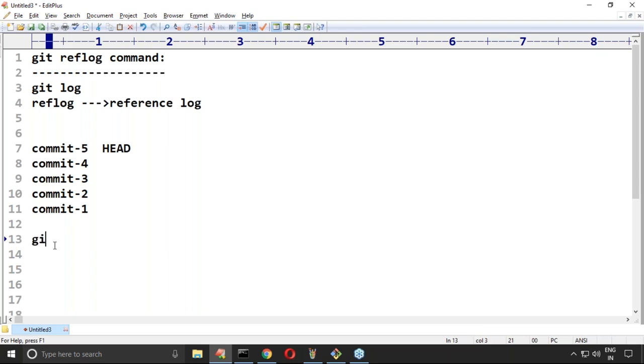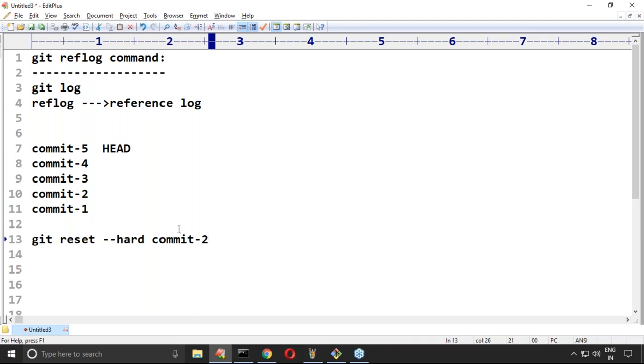If I use git reset --hard with commit 2, can you please confirm what will happen in this case?